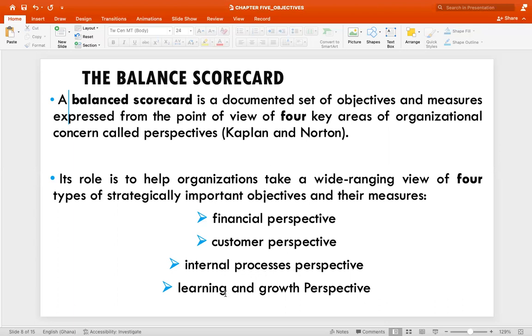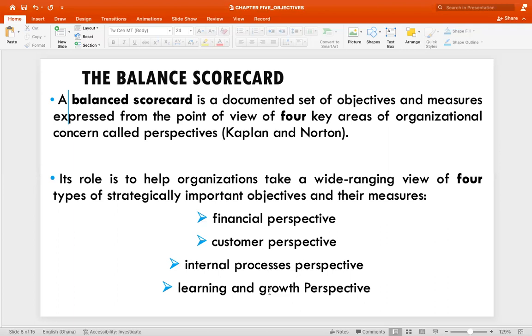Then you have to get objectives that will deal with the learning and growth perspective. This is about your employees. There must be a target as to how you want to train your employees, how you want to develop your employees, how you want to motivate your employees to give their best to the organization. So you must have an objective dealing with what is known as the learning and growth perspective.